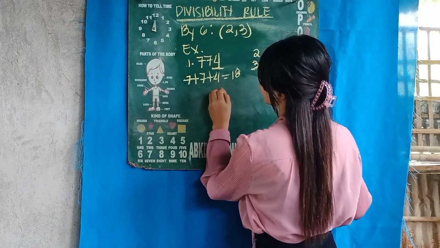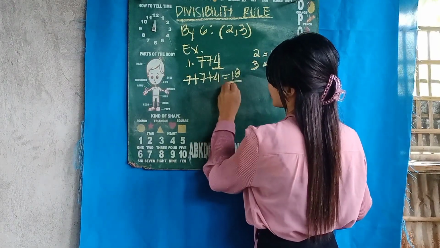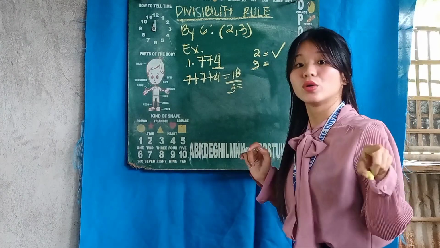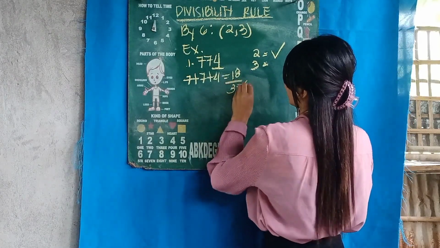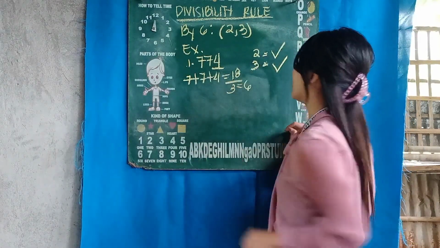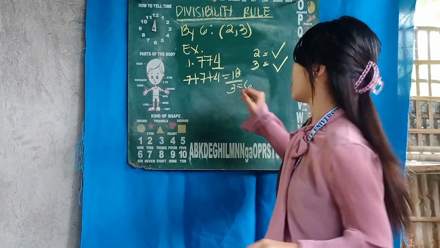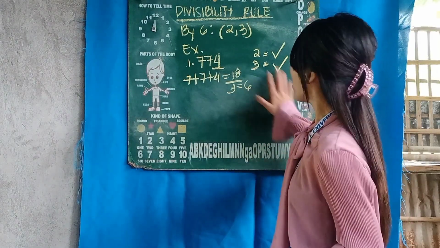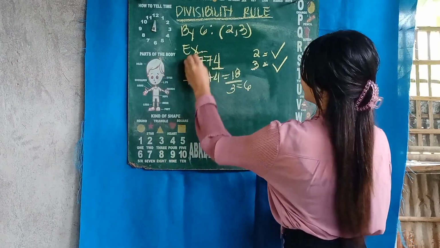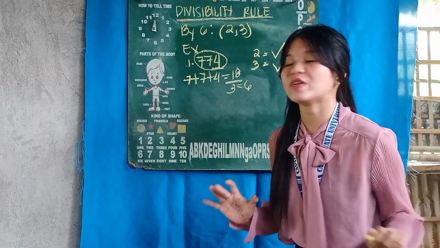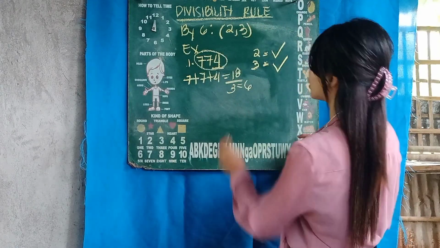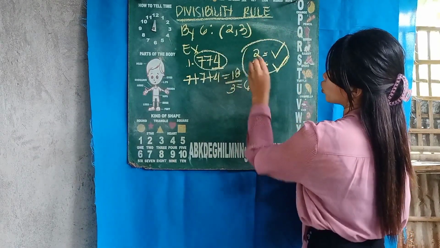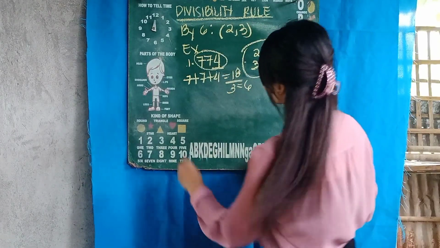Because 18 divided by 3 is equal to 6. That doesn't have any remainder. So, ibig sabihin, 774 is divisible by 6 because it is divisible by both 2 and 3.